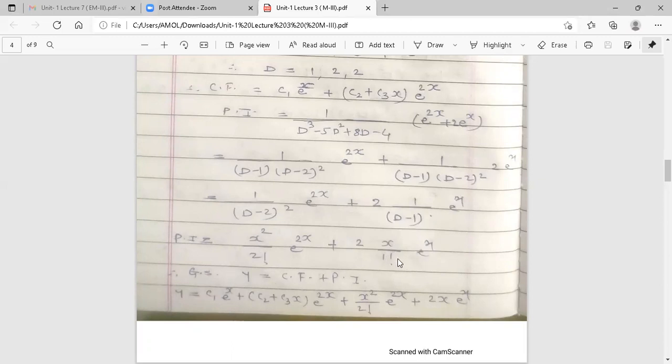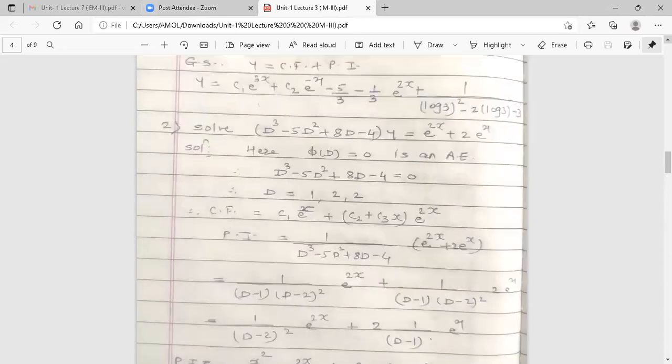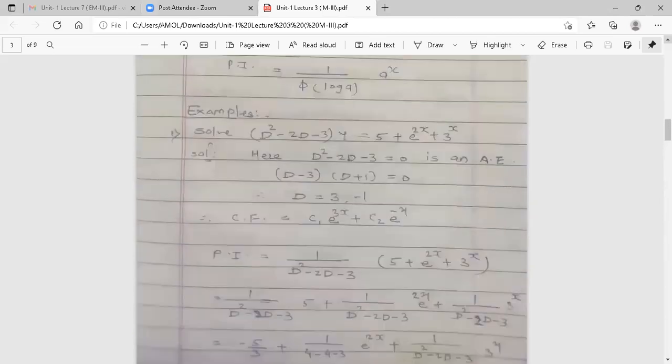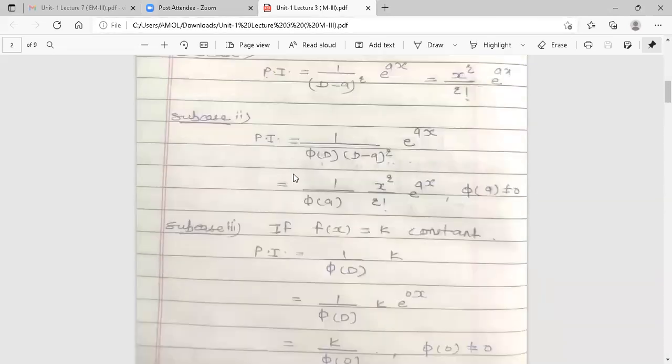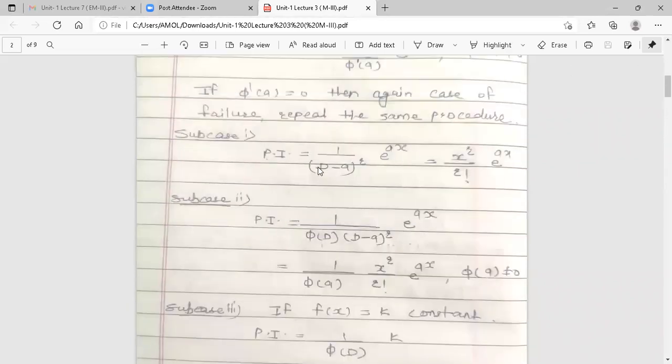For both the terms we are using the same formula, and that formula is: 1 upon (D − a)^r e^(ax) is equal to x^r upon r factorial into e^(ax).